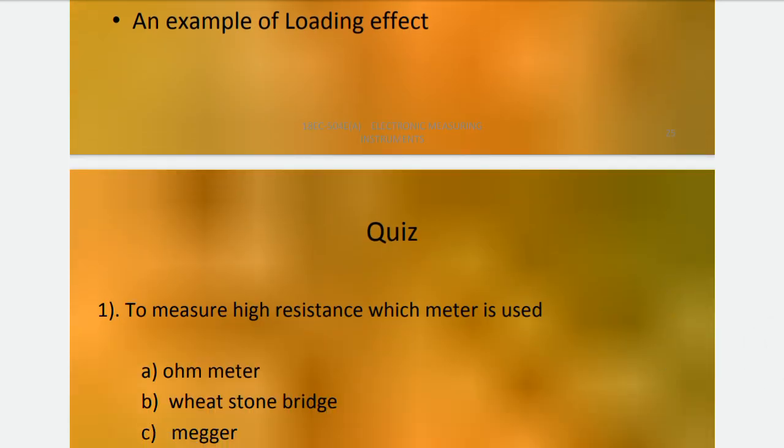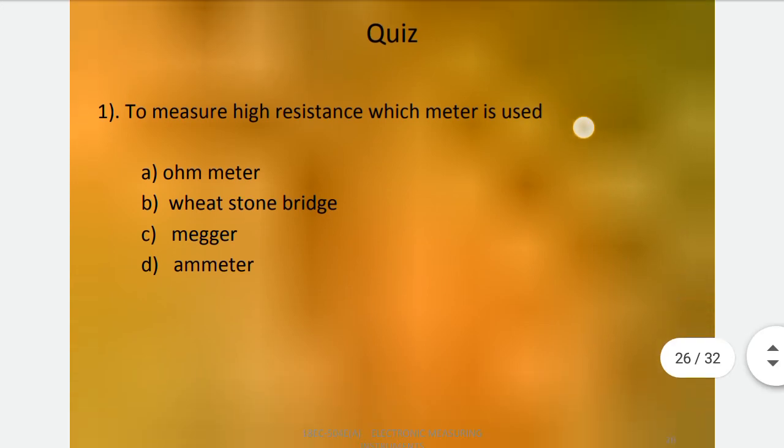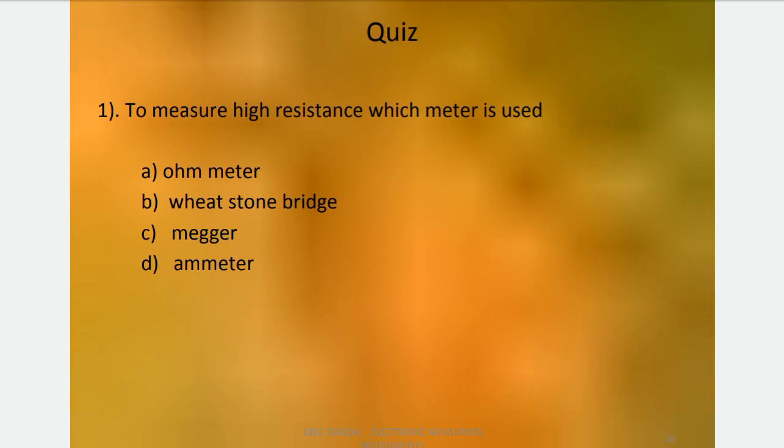To measure high resistance, which meter is used? A. Ohm meter, B. Wheatstone bridge, C. Megger, and D. Ammeter. The correct answer is Megger, because resistances are classified as low, medium and high resistances.